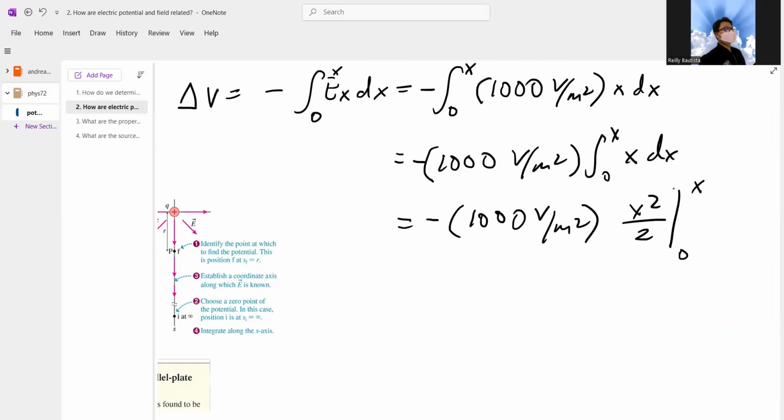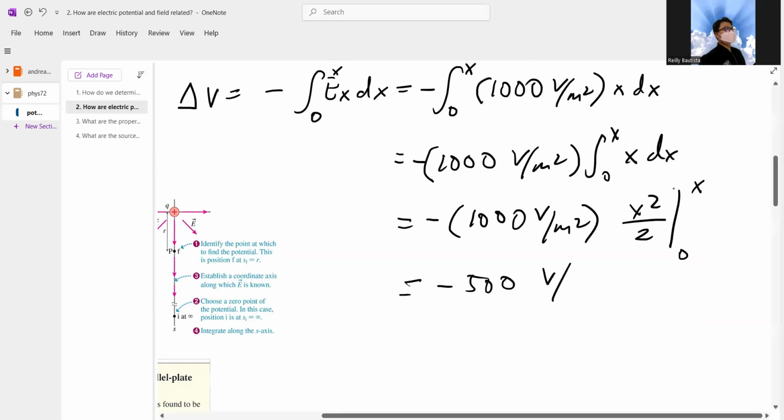Correct, so we only have one term here. So it's negative 500 V over m squared times x squared. We actually have V here, so we don't need to reimpose V equals 0 at 0. It works as well.